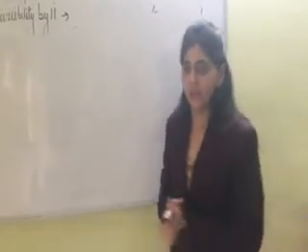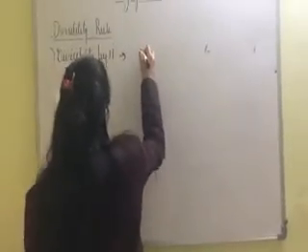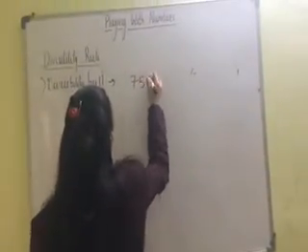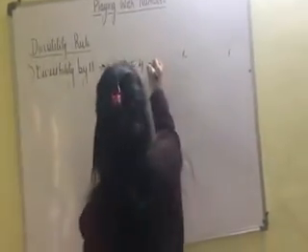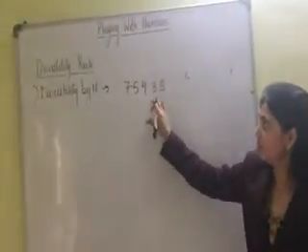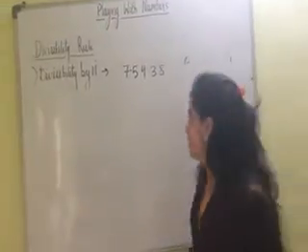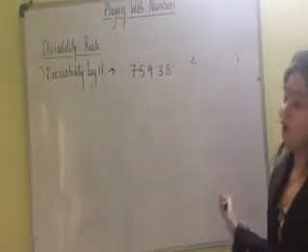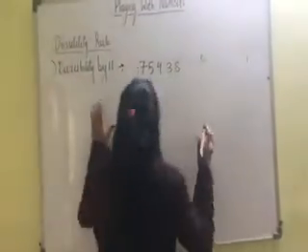Now take one example, 75438. What I said: the sum of digits at even places.